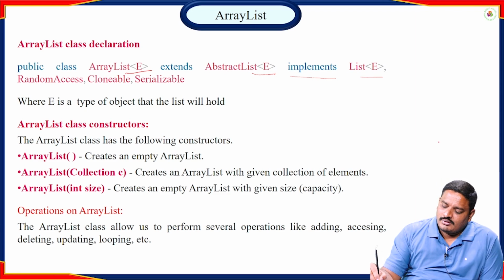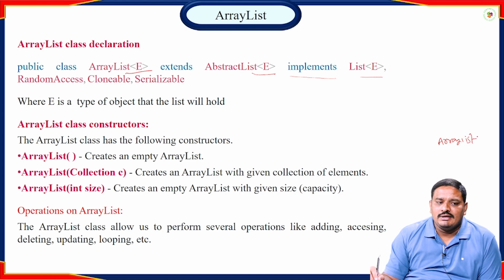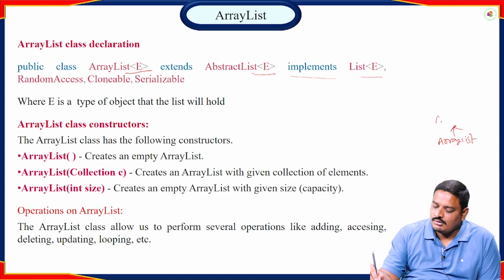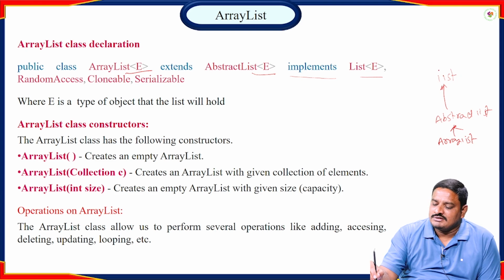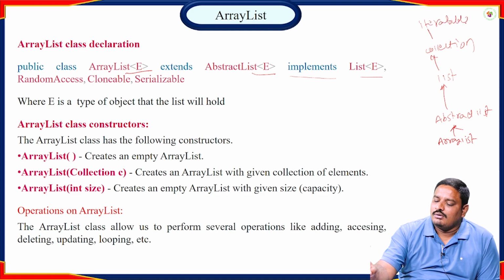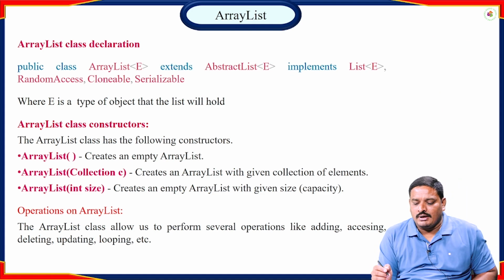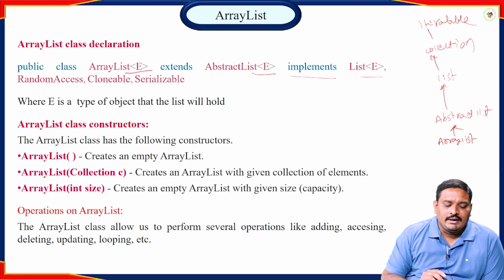Simply, in the previous slide, the ArrayList extends the AbstractList. This AbstractList implements the List. The List is a Collection. This Collection is under the Iterable. The previous slide hierarchy is there. In the same manner, you can remember the syntax of the ArrayList class.